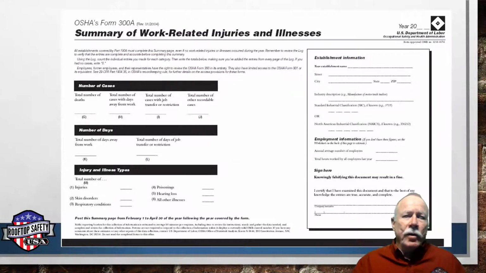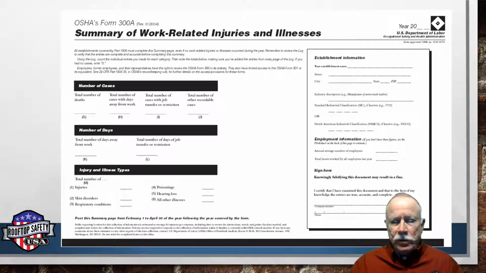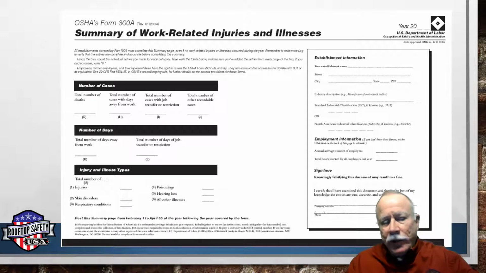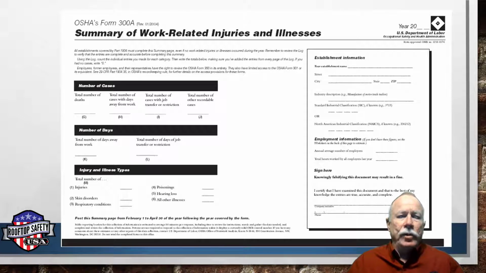Okay? So this is what the 300A annual summary looks like. And you can see we just basically list totals of incidents, totals of death, totals of days away from work, job transfers, things like that. But we're not listing information about the individual incidents.